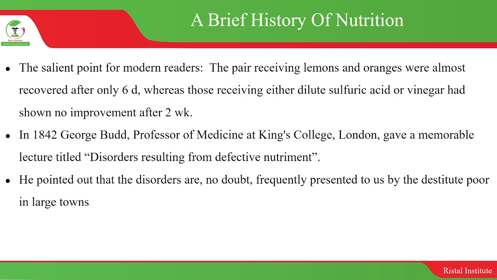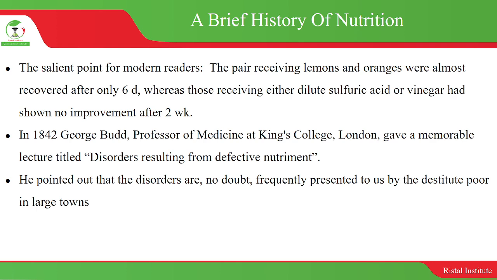So just after 6 days, the pair that was receiving lemons and oranges recovered almost completely. But those that were receiving other treatments, such as dilute sulfuric acid or vinegar, had shown no improvement even after 2 weeks. So this was enough evidence that good nutrition, particularly the consumption of vitamin C rich foods, could prevent scurvy and even treat it.